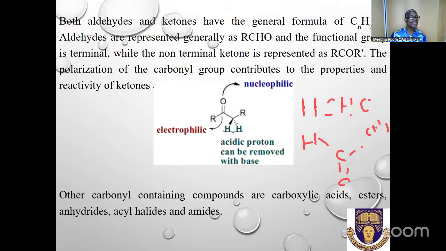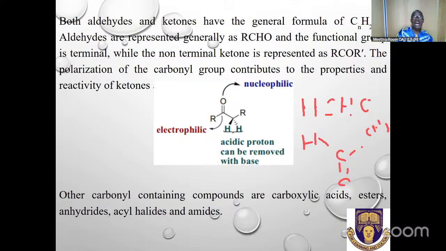Now let's go further. Aldehydes are represented generally as RCHO. That is, it contains one alkyl group, one hydrogen, and then the C double bond O, which is the carbonyl functional group.